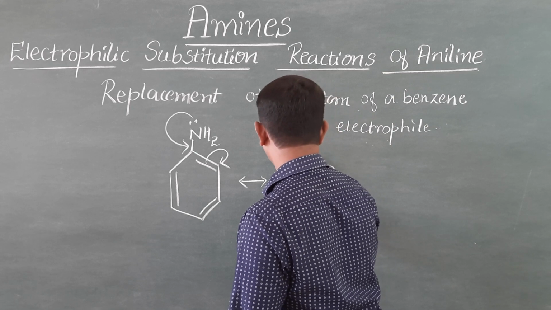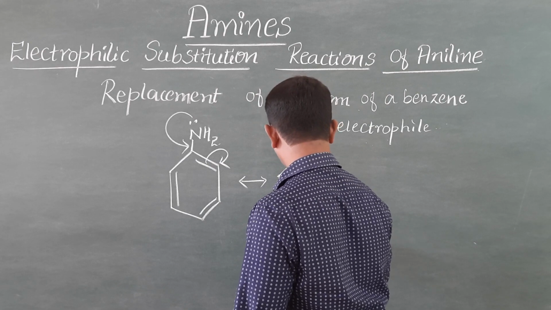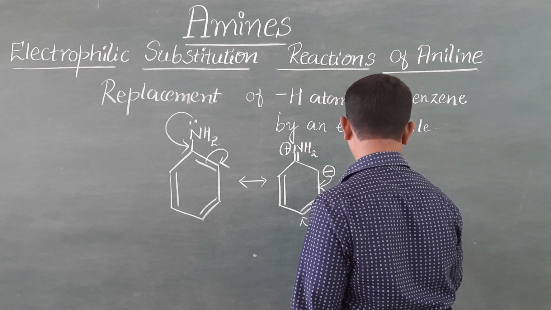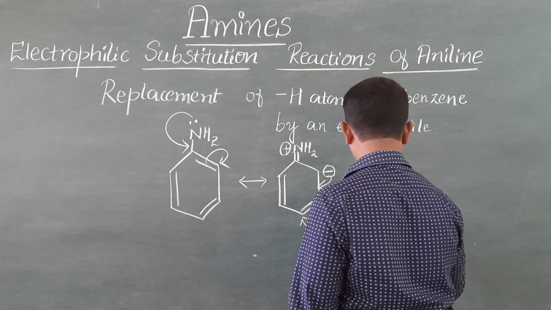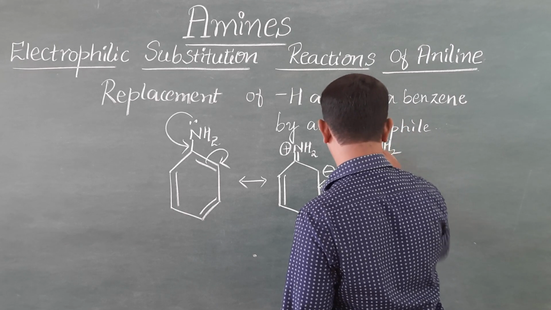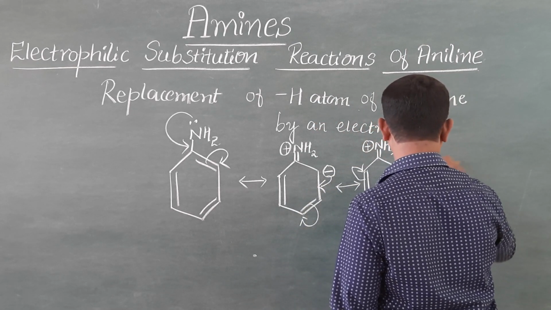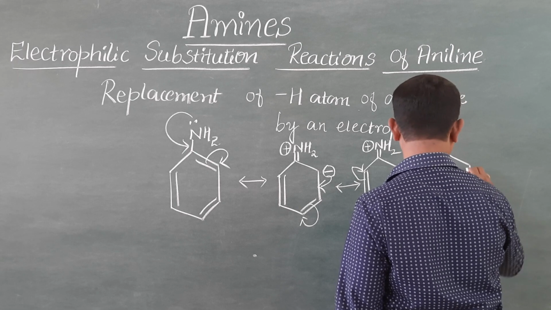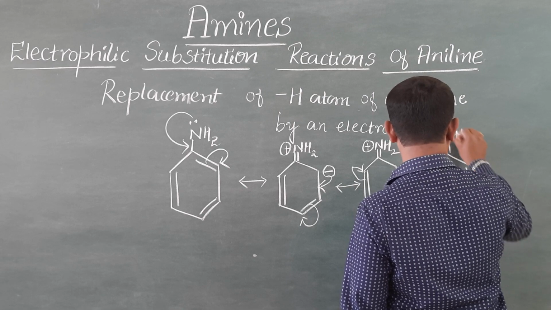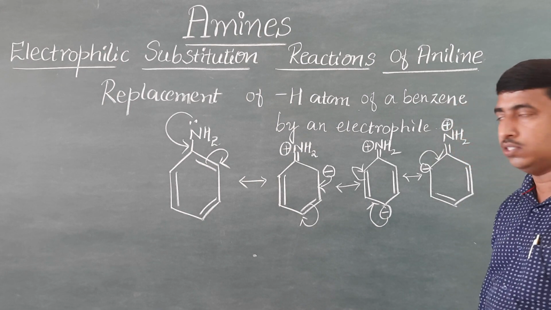Here there is negative charge, double bond, NH2 plus. This is a second resonance structure. Again there is double bond, NH2 plus. So, these are the resonance structures of aniline.